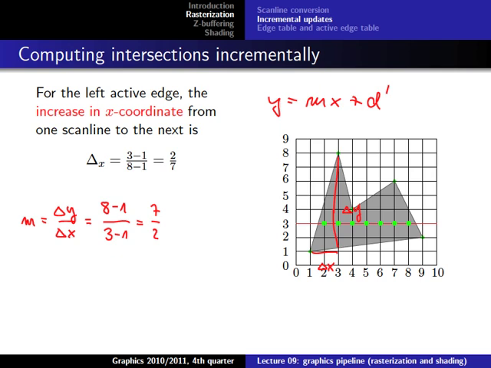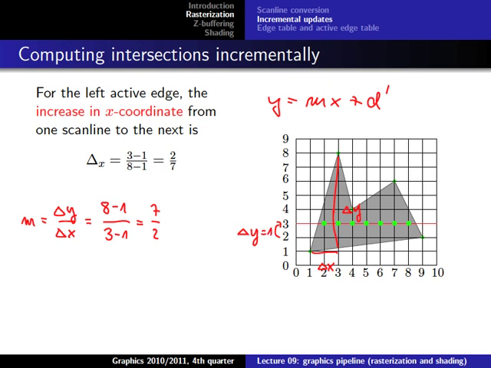It also works if you draw a different triangle, because then the delta x and delta y change, but the relative change to each other stays the same, so the division leads to the same value. Now if we want to know how it changes when we go from one scan line to the other one, that means we change the delta y value by 1.